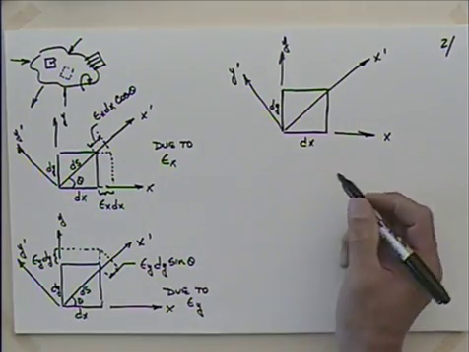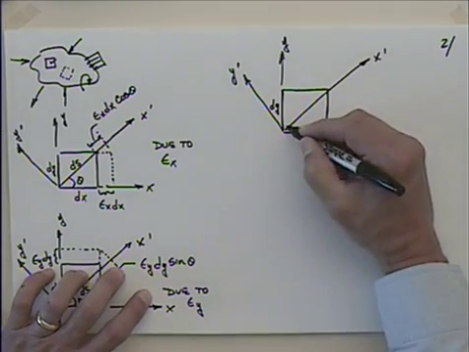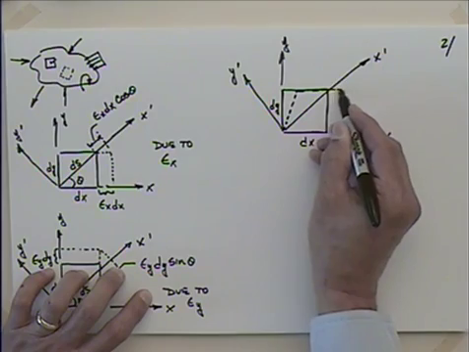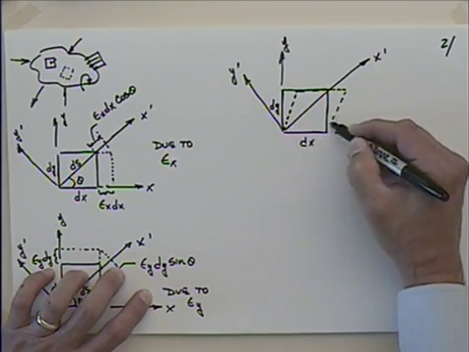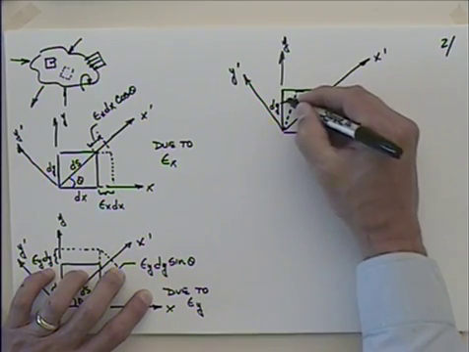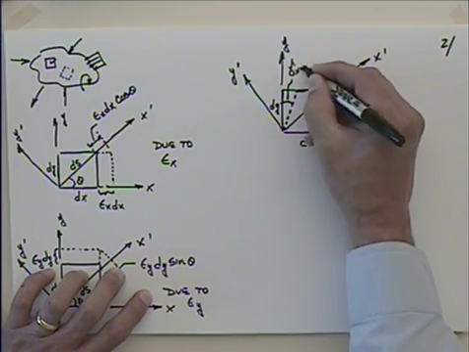And when it strains due to gamma, the thing looks something like this, right? It strains like that, where by definition this angle in here is what? Gamma xy.